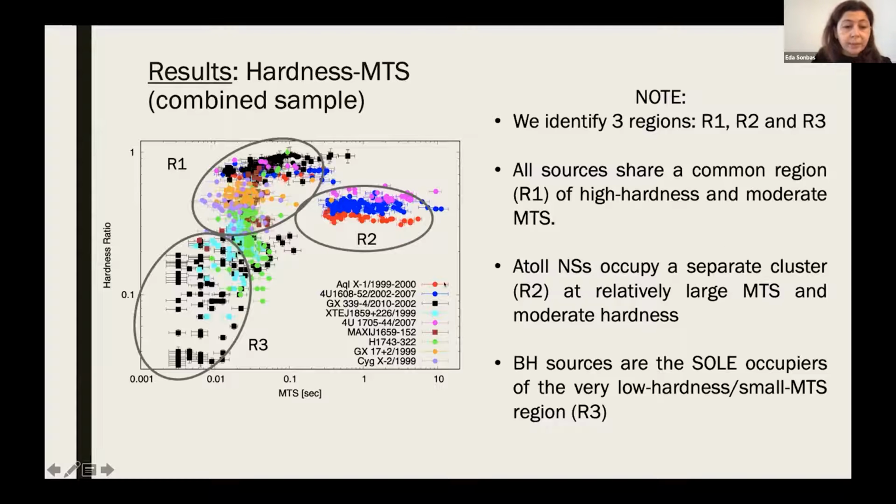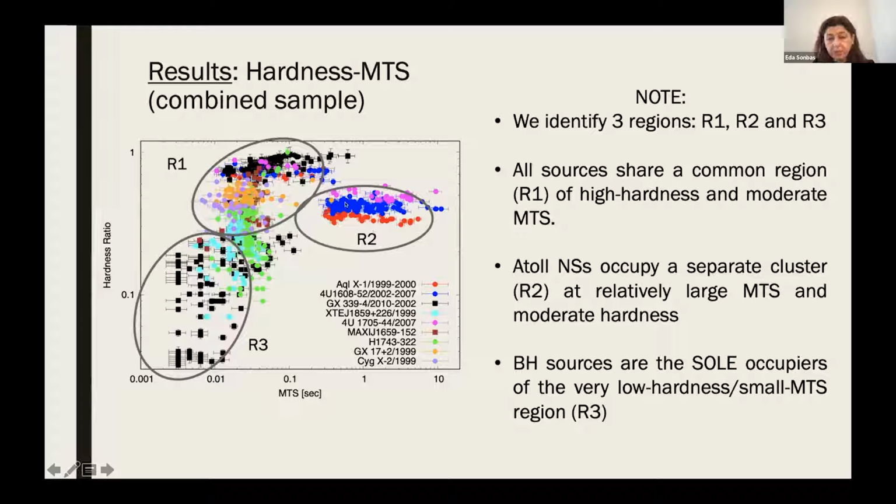If we look at the hardness intensity figure, we can identify three regions. The first region, all sources share a common region here in R1, of the hardness and moderate MTS.